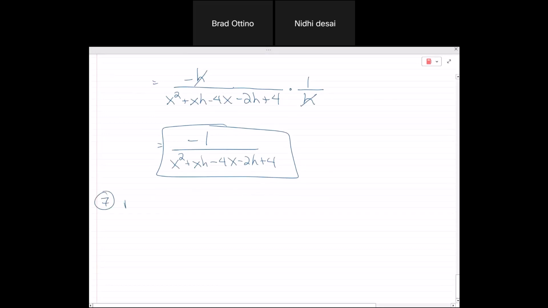It says find the zeros, and let's do something like this. x to the third minus 4x squared plus 6x minus 4.